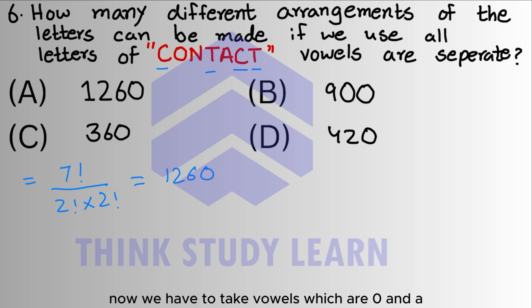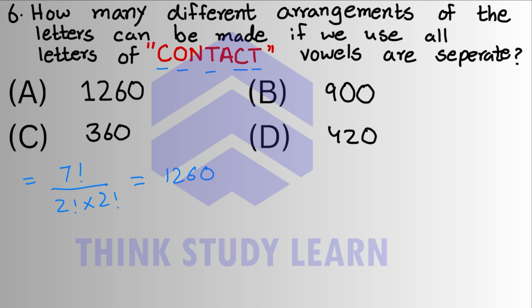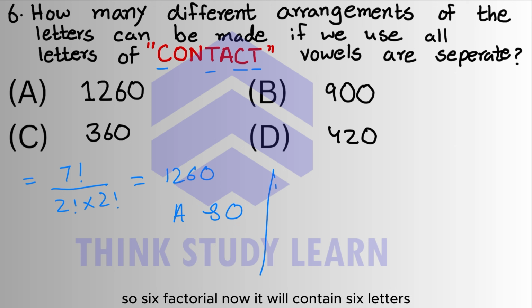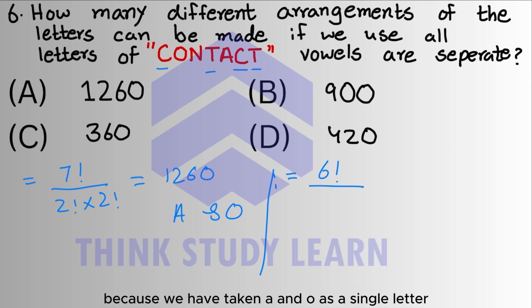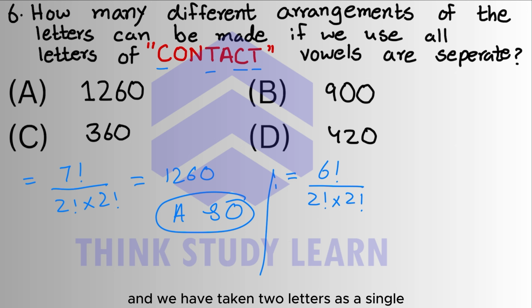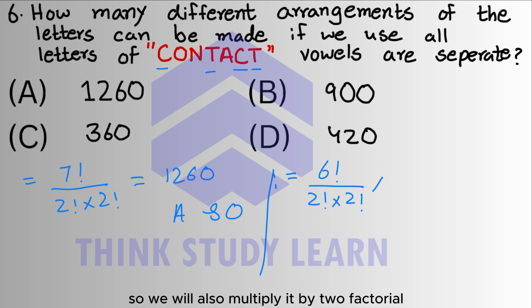Now we have to take the vowels, which are O and A. So only 2 vowels here, we will take them as 1. Taking A and O as one letter, 6 factorial, now it will contain 6 letters because we have taken A and O as a single letter, over the repeated letters 2 factorial over 2 factorial, and we have taken 2 letters as a single, so we will also multiply it by 2 factorial.